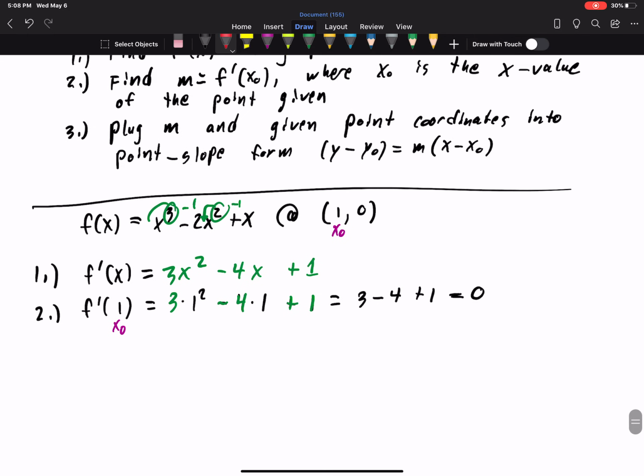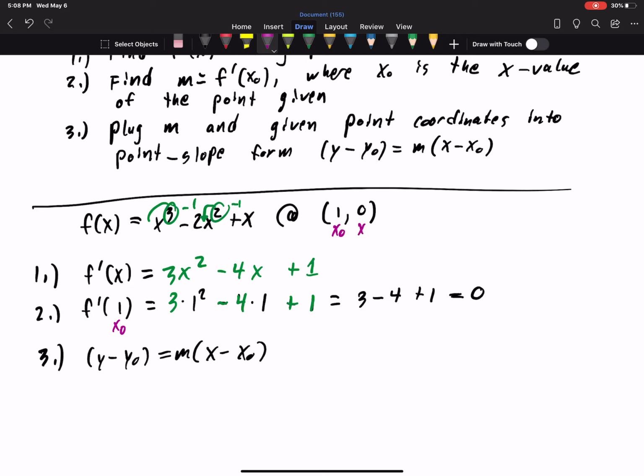Now, using our point-slope form, we have y minus y0 equals m times x minus x0. Make sure you have this memorized as much as humanly possible. Plug in all relevant information. Our x0 was given to us, it was this first 1 here.